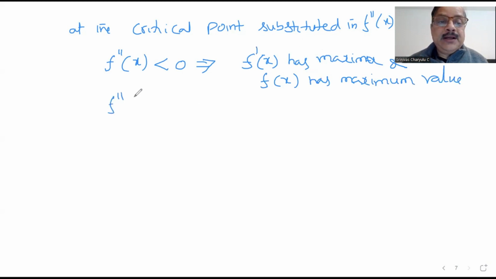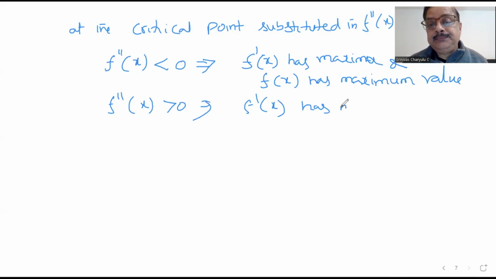Then f double dash x is greater than 0, then f of x has minima and f of x has minimum value.